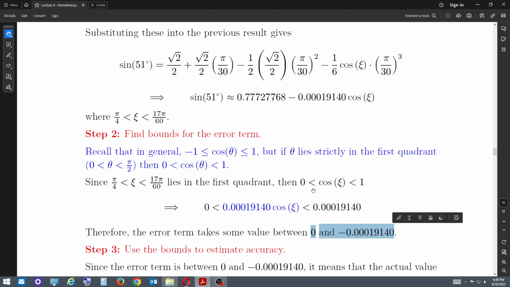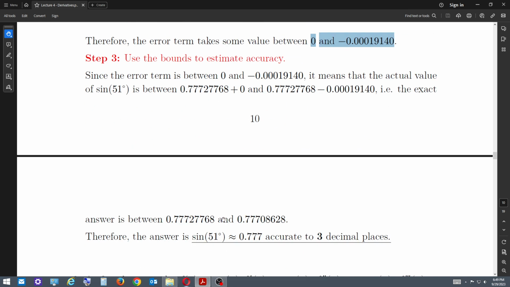So what we're going to do is take our estimate and add these bounds to it. Once we simplify, we get that our actual answer is some value between these two numbers. What we're doing is comparing the digits to see how accurate both numbers are, or a better way of saying it, how many decimal places I can go to so that both numbers are the same when I round off.